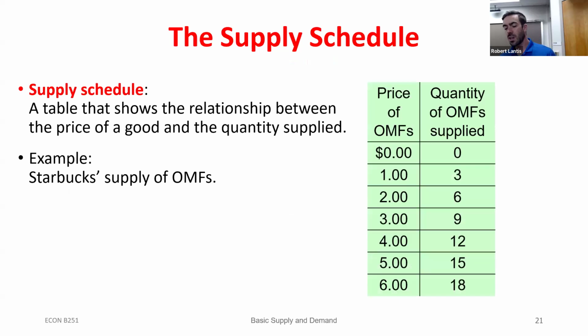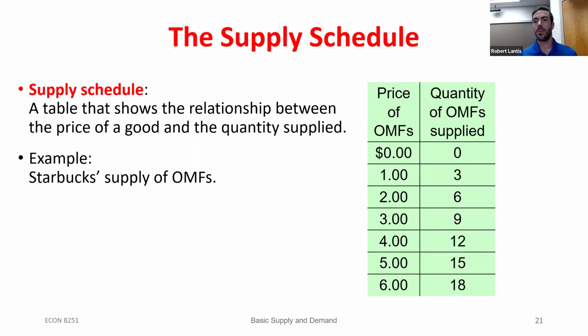Okay. So just like we had a demand schedule, we'll have a supply schedule. This is just going to show us all the different combinations of possible prices for the good and how much a company would be willing to supply. So back to our orange mocha frappuccino example, right? If the price of those is 0, I'm not willing to supply any of them to the market. Now, if the price rises to $1, maybe I'm willing to go out and hire a worker.